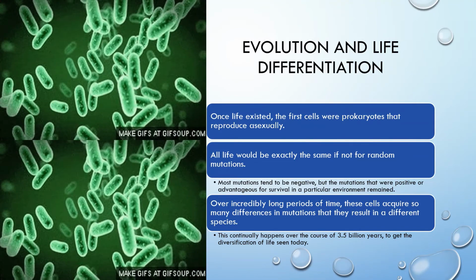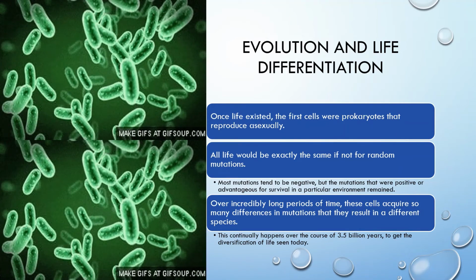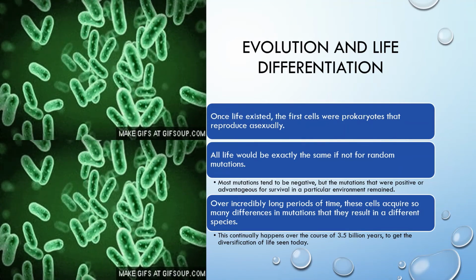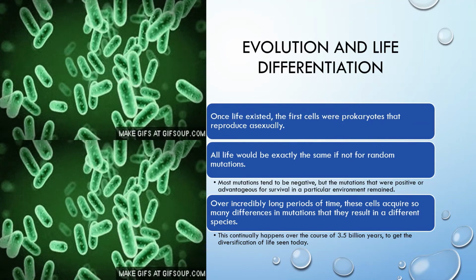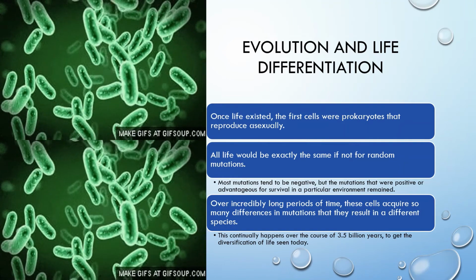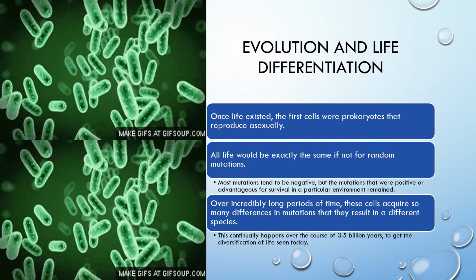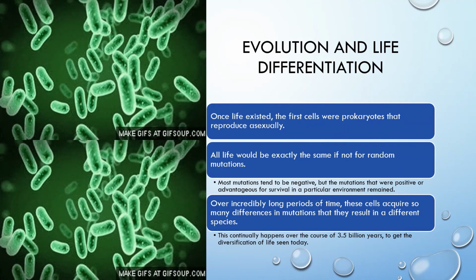So over incredibly long periods of time, these cells acquire so many differences in mutation that they result in a different species. This continually happens over the course of 3.5 billion years, a really long period of time, to get the diversification of life seen today.